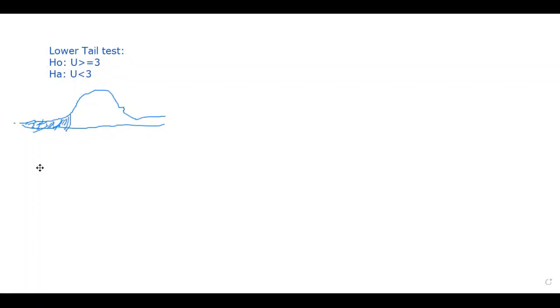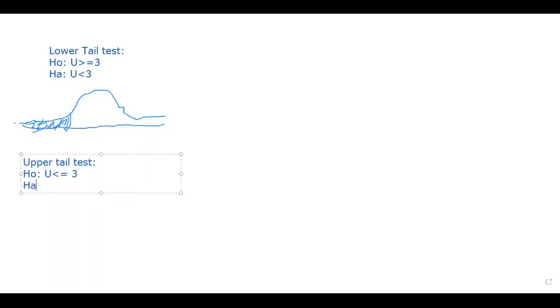Now let's move on to the upper tail test. For the upper tail test, for the H naught, or the null hypothesis, mu must be less than or equal to a certain number, say 3.